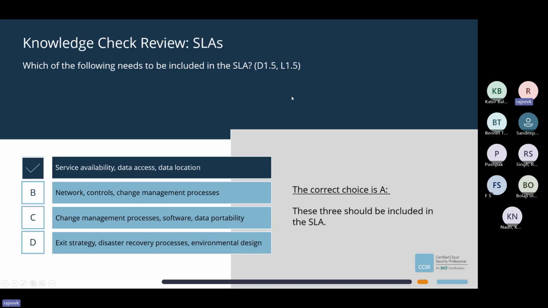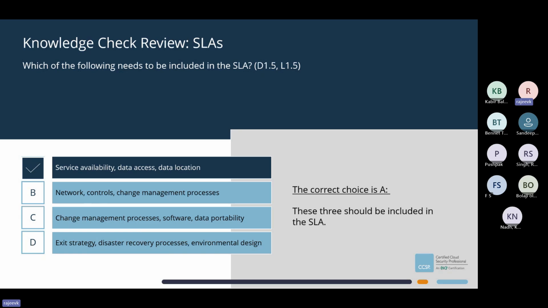I think we are all moving in the correct direction. Definitely it falls under the SLA. The other options, like network control, change management and exit strategy, are not making sense there. In the SLA, we are not expecting those things. Overall, service availability and how we can manage the data and its location, all these things we expect in our overall SLA.